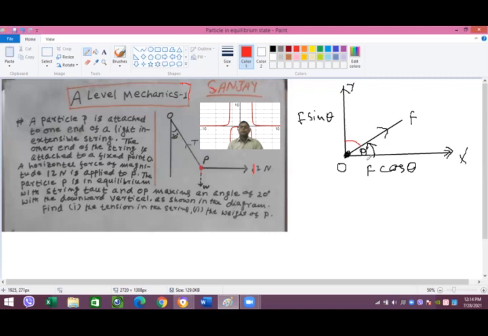You know that axes are at 90 degrees, so this angle must be 90 minus theta. So if you are considering 90 minus theta as the angle made by the force with this line, here the y-axis, which at this time acts as the horizontal axis, then the horizontal component of force F is always F cos of the angle.